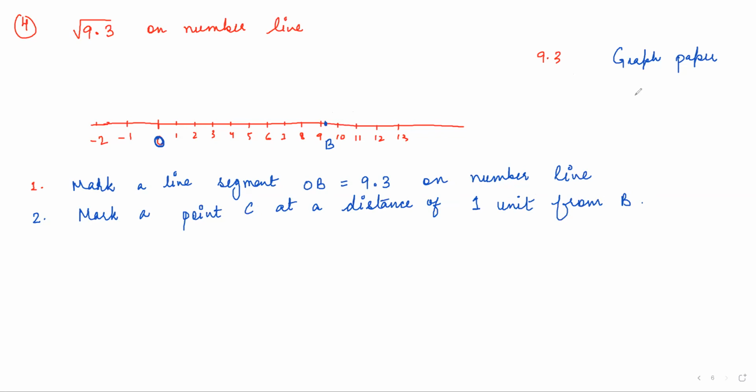If you add 1 to it, 9.3 plus 1 you are adding. So what should you get? It will be 10.3. So if you take 1 unit distance, it will actually be 10.3. Got it? So this point is your C. Is that clear to all of you?